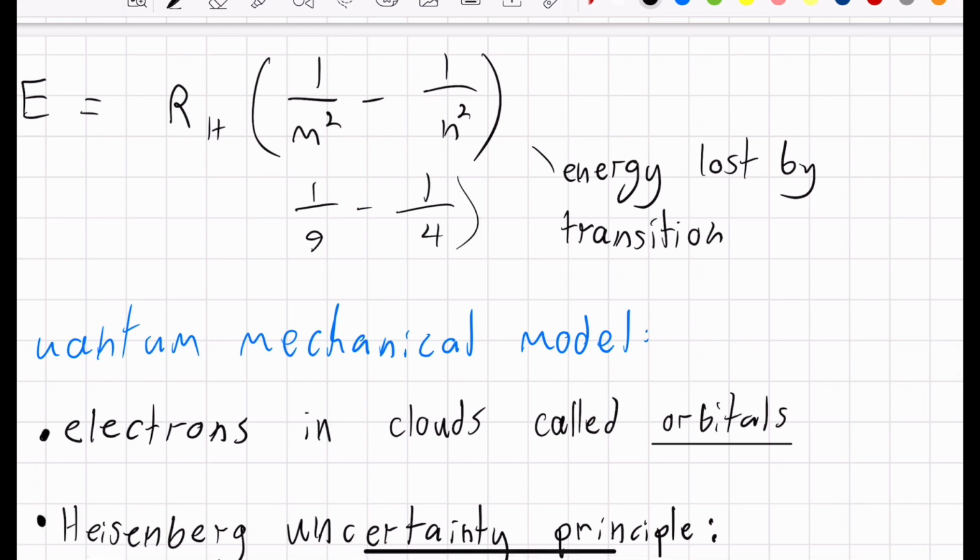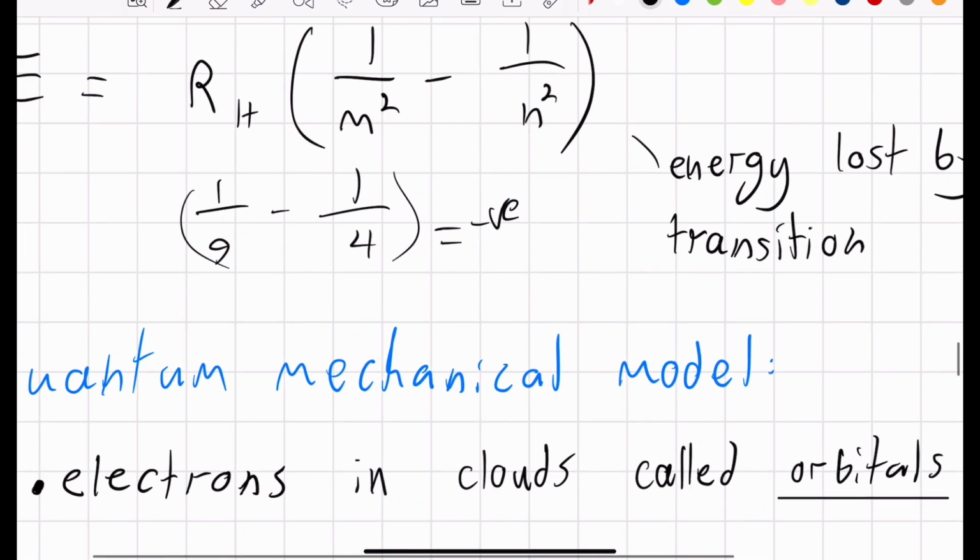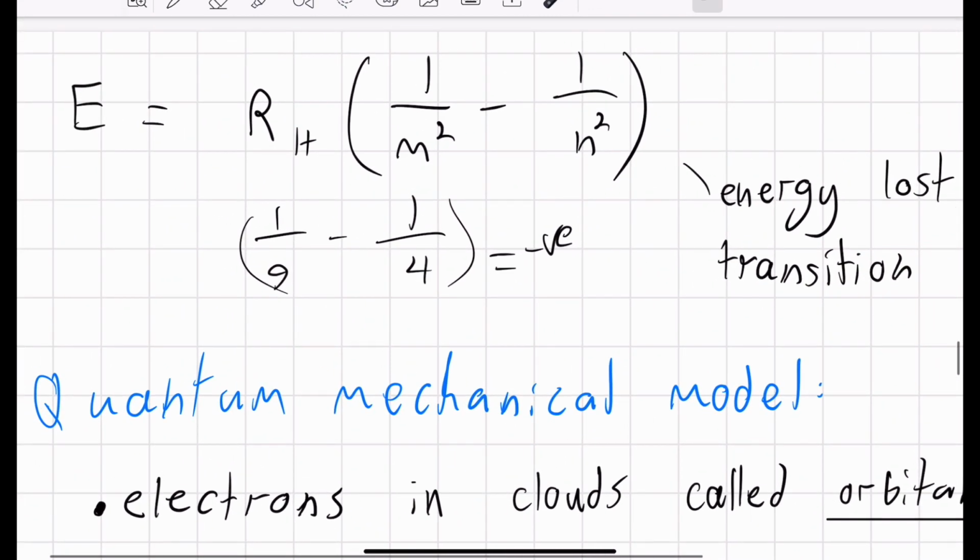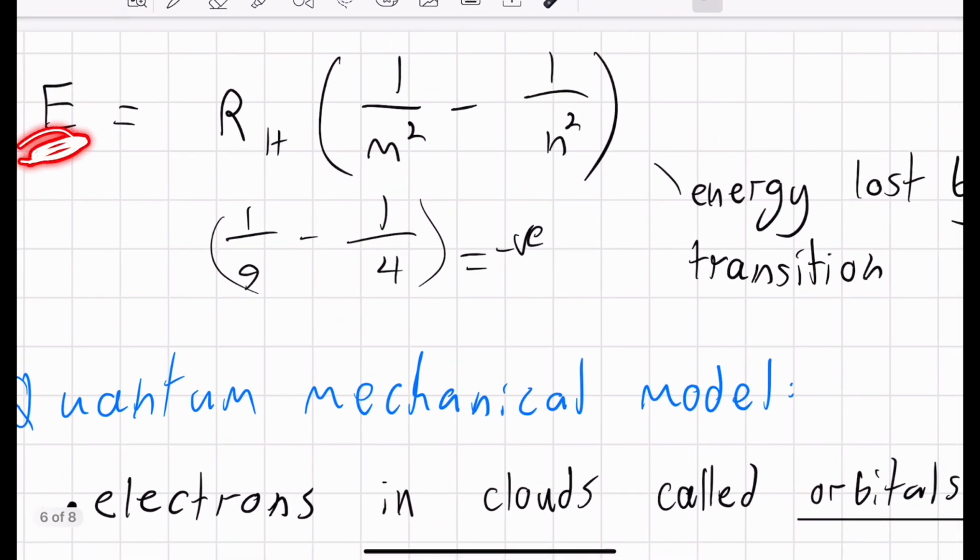This value is going to end up being negative. Here, let me just move this around. This value is going to be negative because you have a smaller value subtracted by a bigger value. And essentially what this means is that the energy of the electron decreases as it goes from a higher energy shell to a lower energy shell.